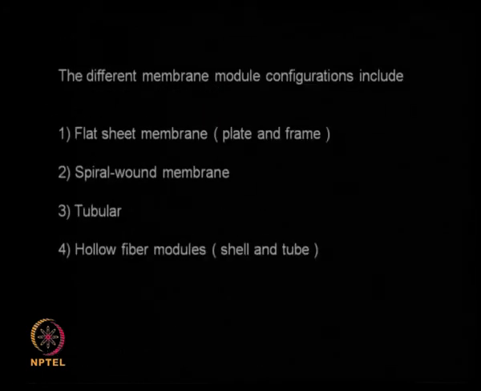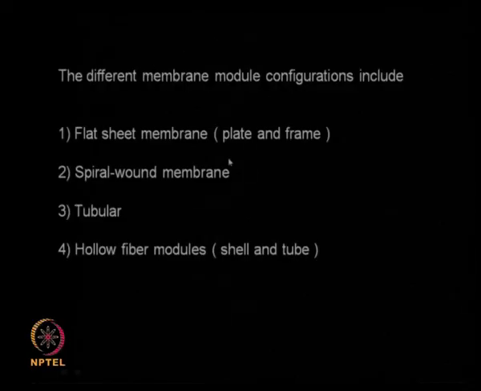So different types of membrane modules are there. The flat sheet membrane, that is like a plate and frame. You have a plate, so the membrane material is in the form of a plate, and then you have a frame, so the frame holds the flat plates. You can have a spiral wound membrane, that means the membrane is wound like a spiral.